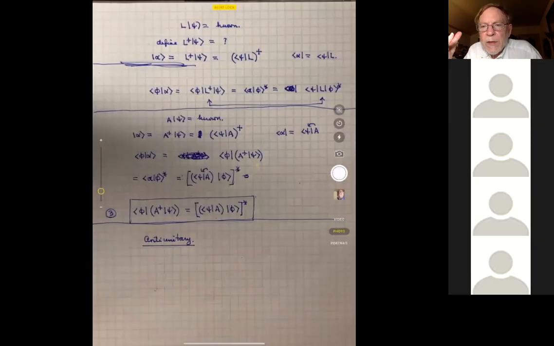This is related to a famous theorem by Wigner, which I'll just mention briefly.